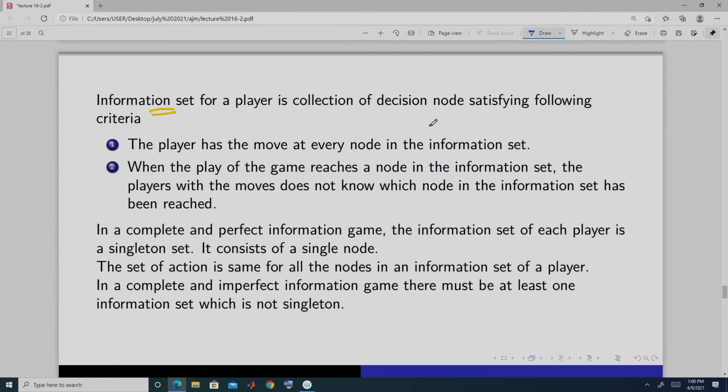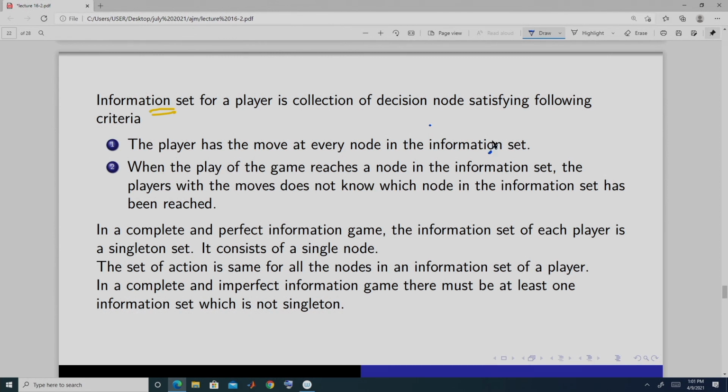So, you can understand information set as that for each stage we will have one information set and for one player. Okay. So, depending on the player who is moving or making decision in that stage. So, it is a collection of nodes. So, the player has the move at every node in the information set.